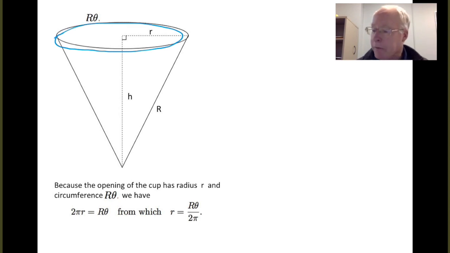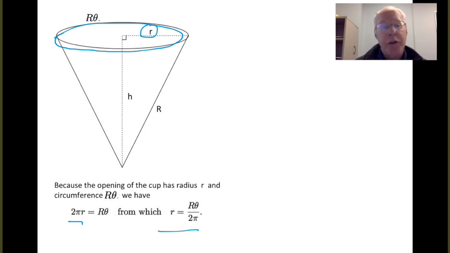On the other hand, if this opening has radius little r, then this circular opening also has length 2 pi r, the circumference of the circle. So it must be that 2 pi r is equal to capital R theta, and we can then solve for little r, and there's our expression for the radius of the cup opening in terms of the angle theta of our cut.